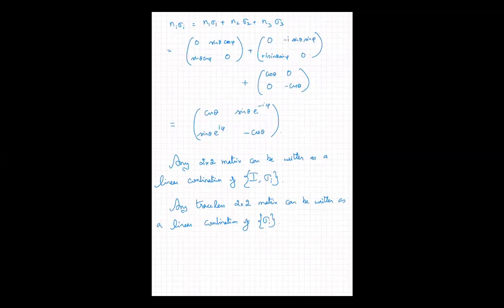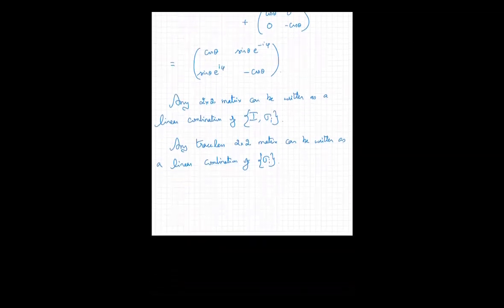Suppose I have a vector space in which my vectors are actually matrices, then I can expand any vector in this space as a linear combination of the basis vectors, and I can use Pauli matrices as basis vectors in this particular Hilbert space. Okay.